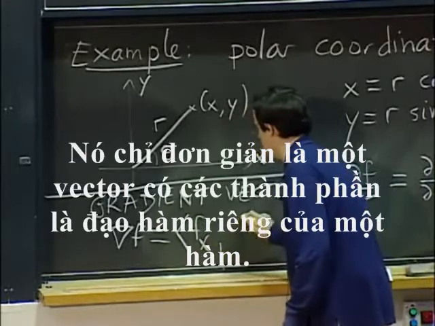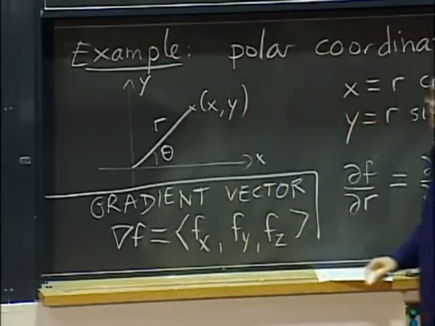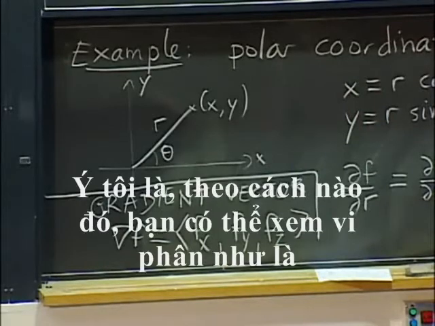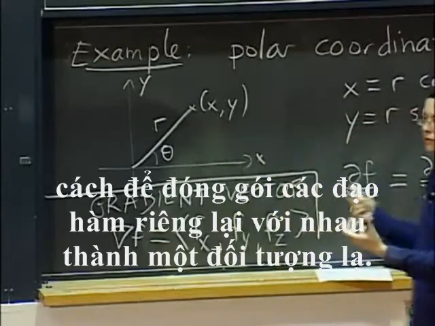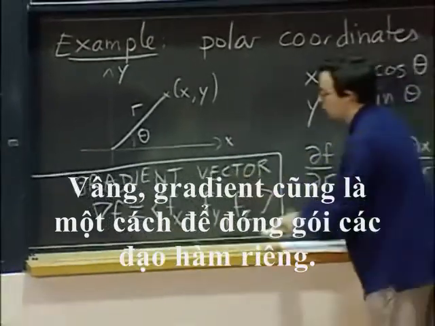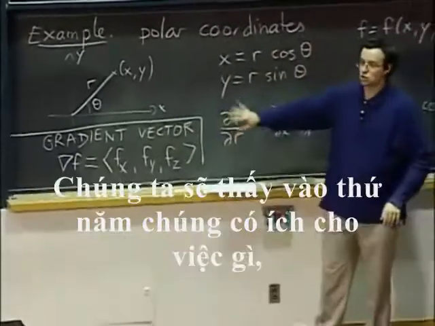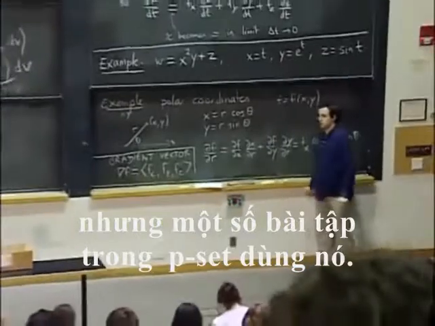It's simply a vector whose components are the partial derivatives of the function. Okay, so in a way you can think of the differential as a way to package partial derivatives together into some weird object. Well, the gradient is also a way to package partials together. So we'll see on Thursday what it's good for, but some of the problems on the p-set use it.